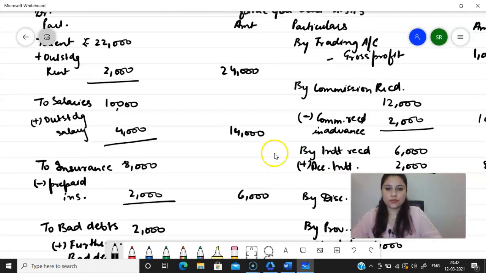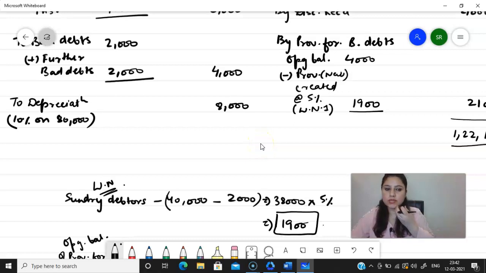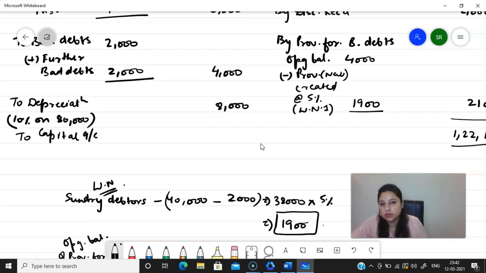So we have the profit for the year ending 31st March 2013, and such profit is transferred to the capital account of the business owner. If it has been given that such profit needs to be transferred to the reserve account, then we will do so, but ideally the profits are transferred to the owner's account, so we will be transferring it to the capital account and mentioning profit earned during the year.